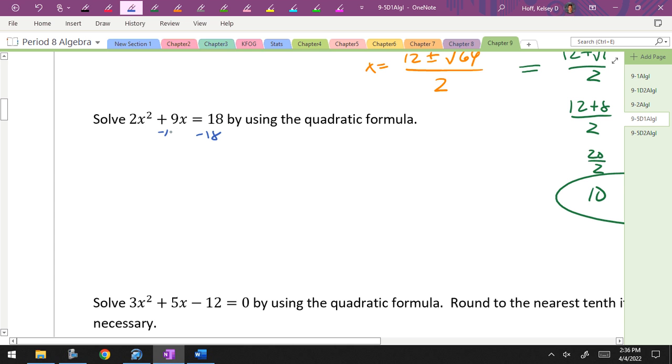Subtract 18 to the other side. So it now states 2x squared plus 9x minus 18 equals 0. A is 2, B is 9, C is negative 18.